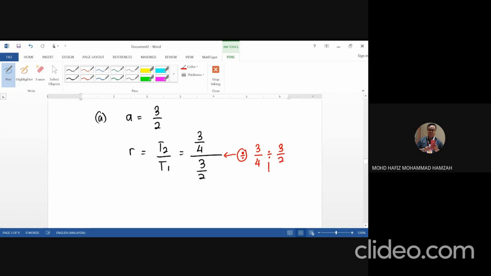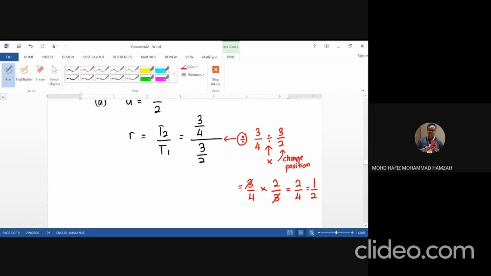So if you still remember, bila pecahan ada bahagi kena tukar jadi darab kan. Lepas tu this side you akan change position. So ni yang kita belajar mula-mula sekali chapter 1. So this one akan jadi darab, lepas tu numerator jadi denominator, 2/3. Macam ni kan. So you can cancel out your 3 and 3. So sama dengan 2/4 which is equal to 1/2.